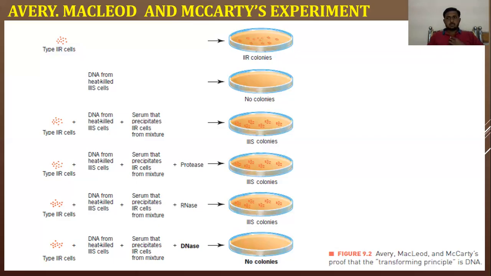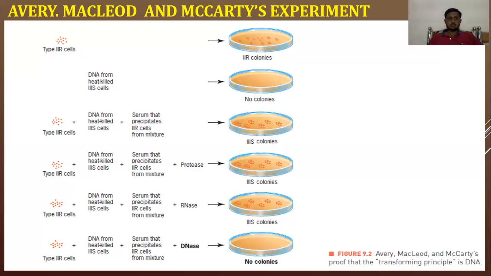Today, in this lecture, we will discuss another set of scientists, Avery, Macleod, and McCarty. These are the three scientists who performed another experiment supporting the experiment performed by Griffith, and they found a somewhat similar result.